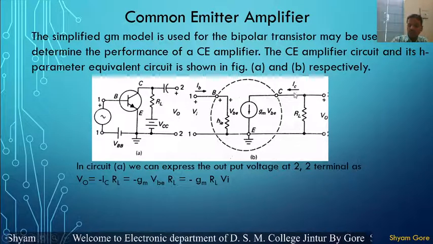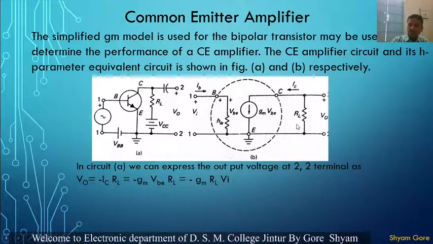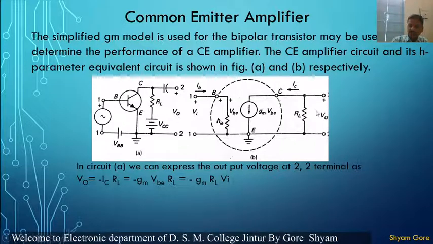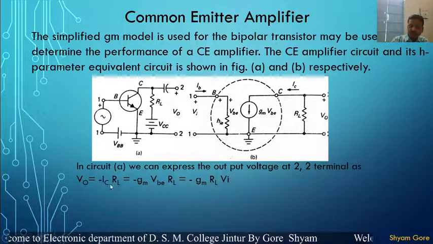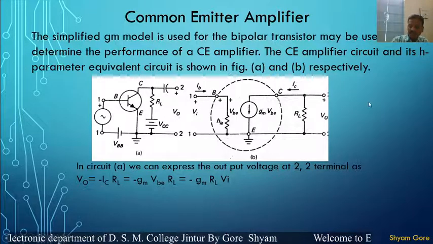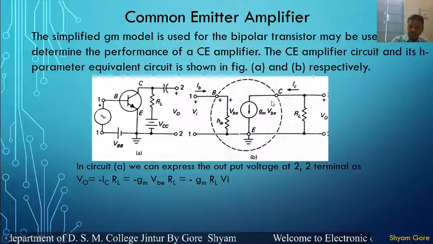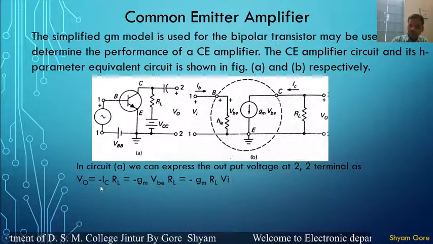This is the output current. Therefore, the output voltage is equal to minus IC into RL. Here the negative sign is taken because the direction of current is reversed. Therefore, we are taking minus IC.